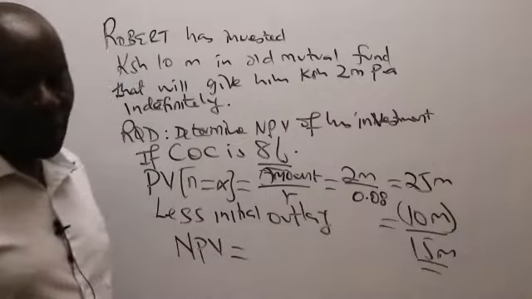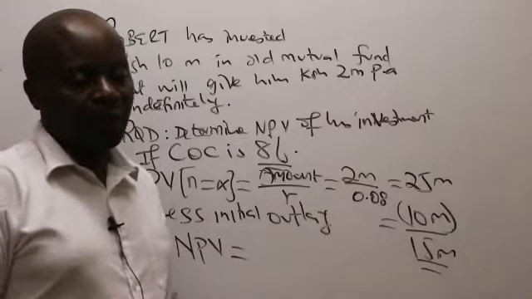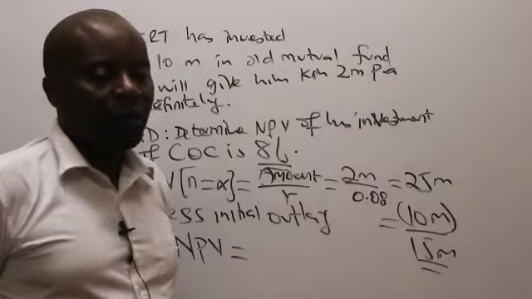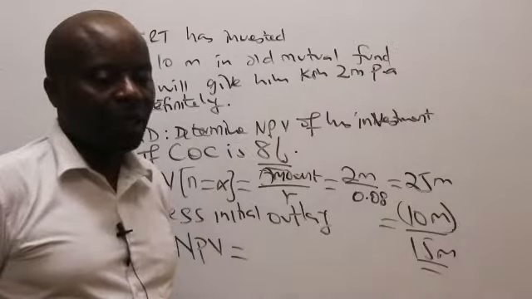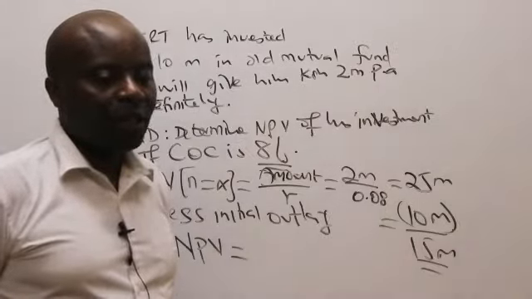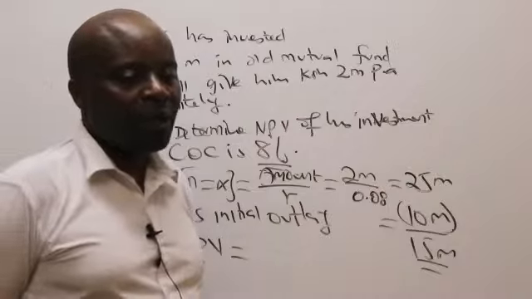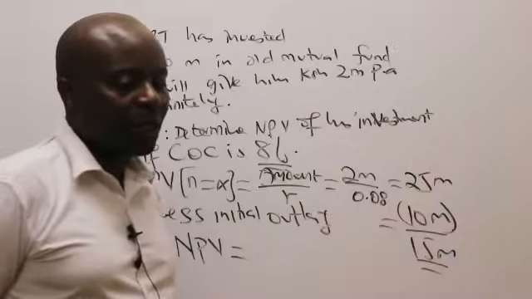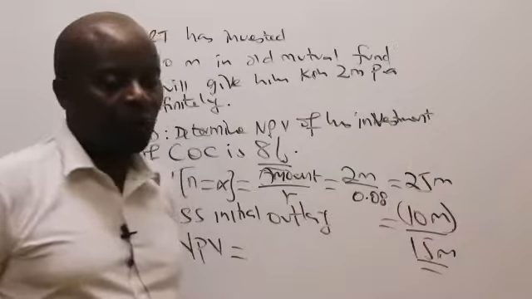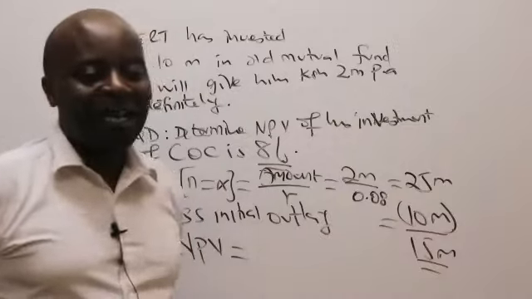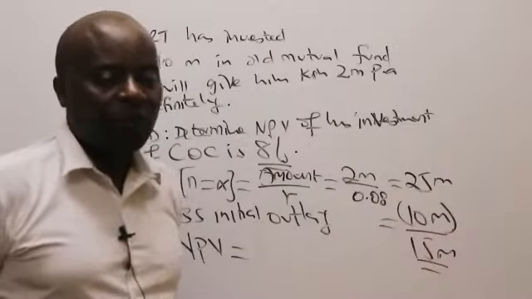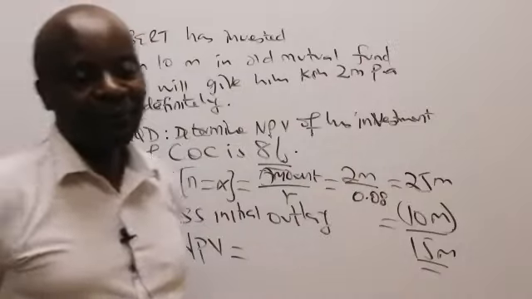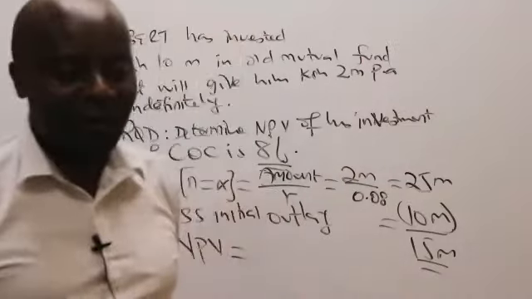So this net present value is positive. And the only thing that my students here forgot to advise is that the project is viable. So NPV equals 15 million, and the project is viable.